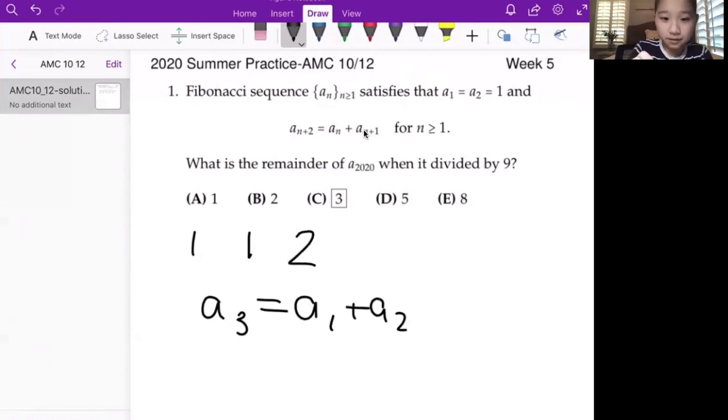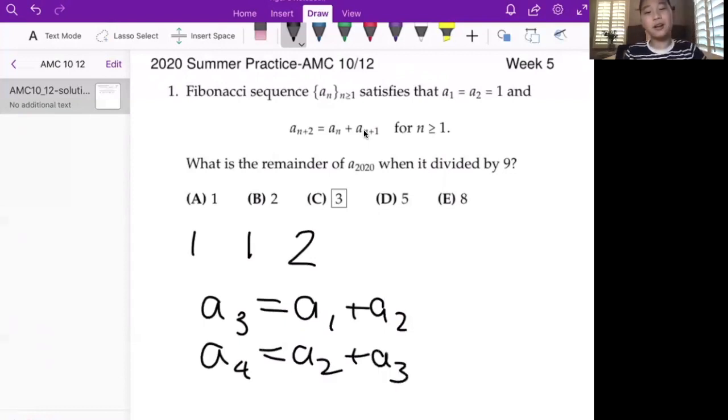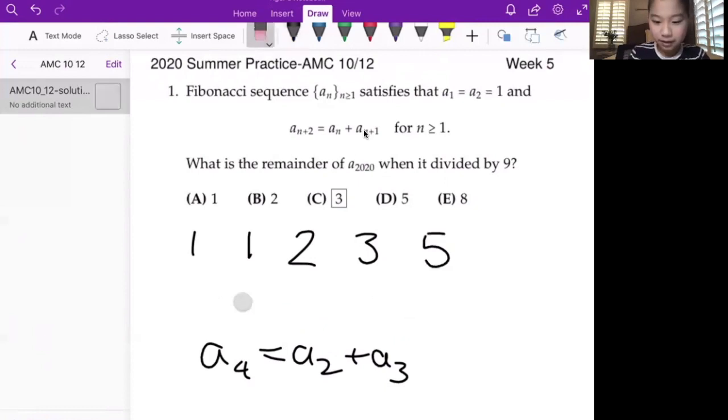And then if you plug in n equals 2, you'll get a4 equals a2 plus a3. So a4 is again the sum of the previous two terms, which is 3. And plugging in bigger n works similarly. Like a5 is equal to the sum of a4 and a3, the previous terms, which is 5. So you can see the pattern here.